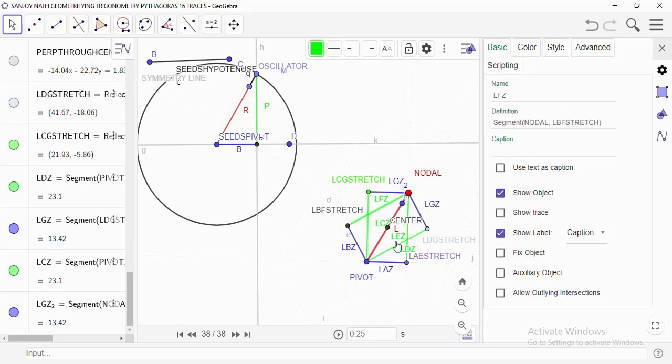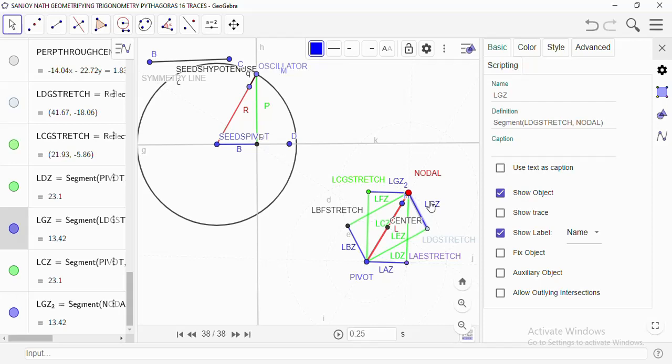For C, LCZ, it's another symmetry configuration. For LCZ, this is the base. We find the LEZ, LGZ is the corresponding complement. LGZ is the corresponding complement for ABCDEFGH.